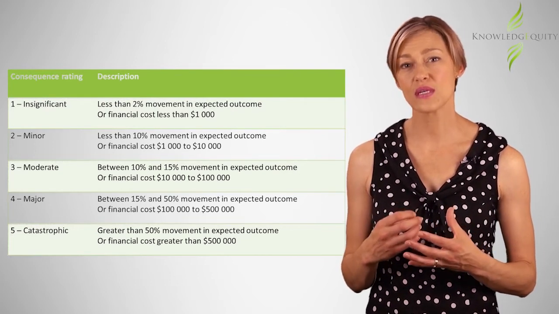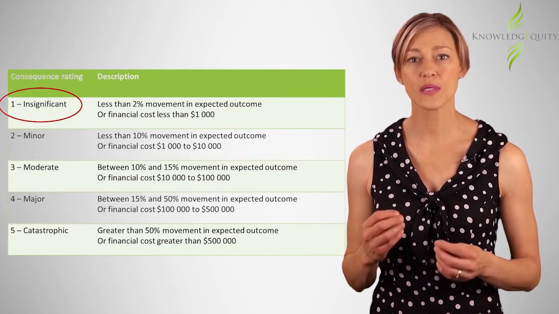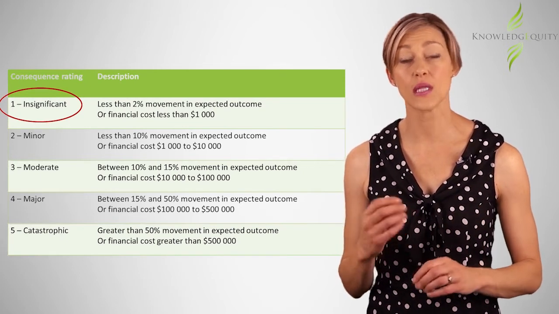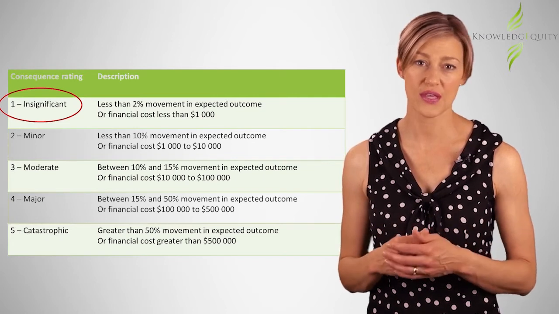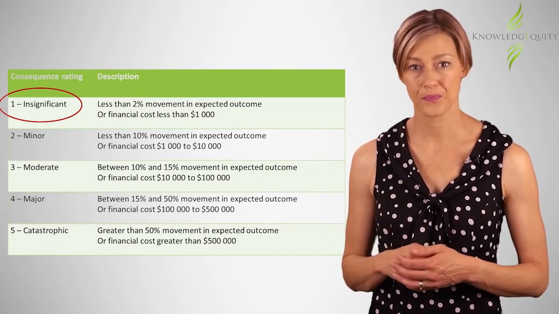For both of these risks, the consequence would be insignificant or minor, as the movement would be very small on the basis of the loan being quite small at only $30,000. So we will assign a consequence rating of 1.